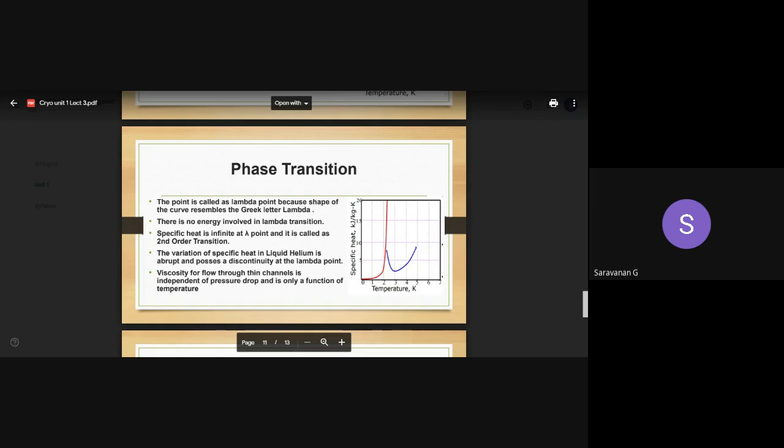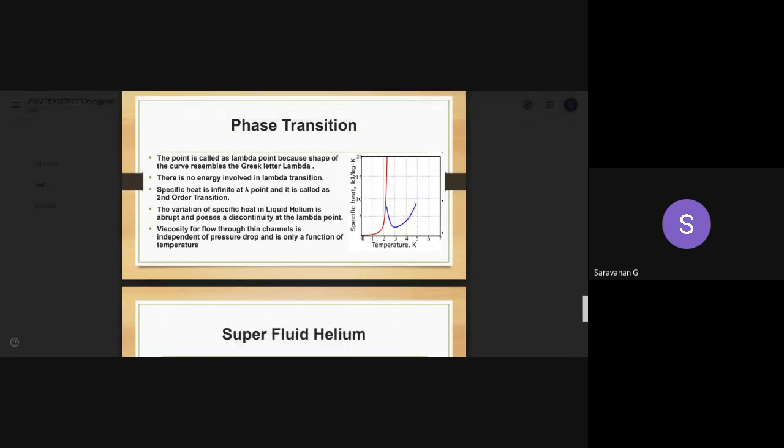The lambda point possesses a discontinuity, and these are called second order transitions. As already mentioned, viscosity for flow through a very thin channel or capillary is only a function of temperature, or it is independent of the temperature drop. So these are all about the second order transition in superfluid helium.